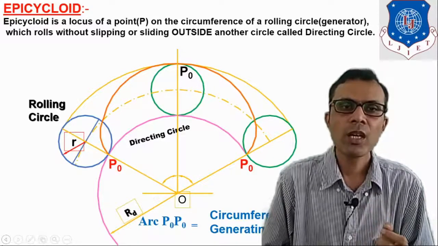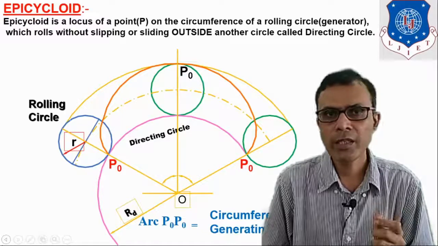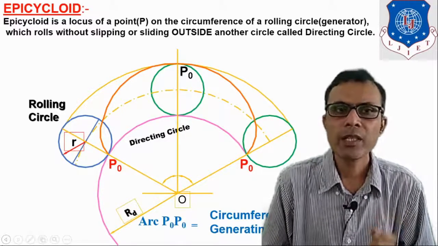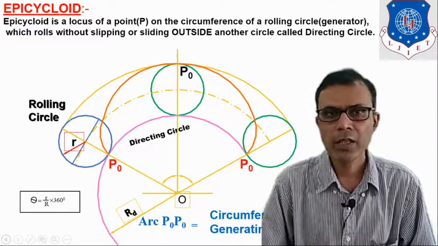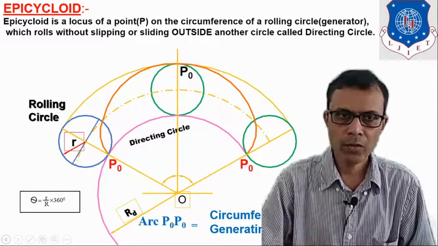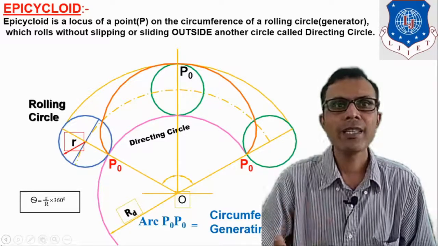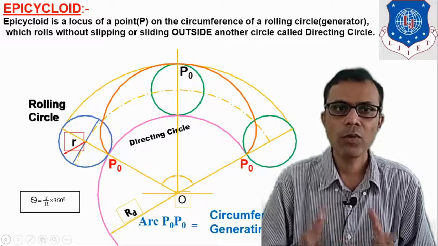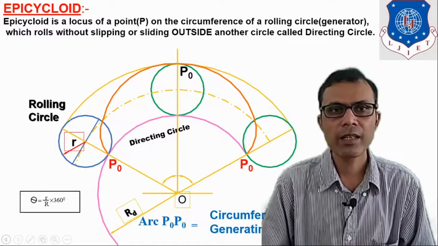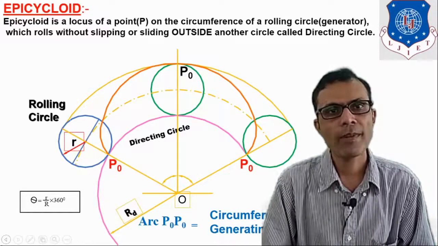The path followed by the point P0 is known as epicycloid. The subtended angle theta can be found by the equation theta equals 360 into small r by capital R, where small r is the radius of the rolling circle and capital R is the radius of the directing circle.